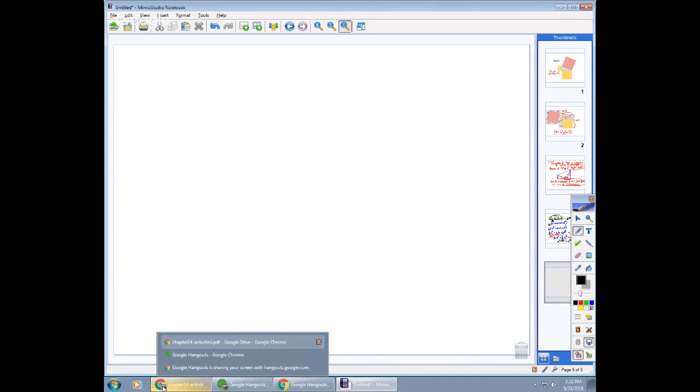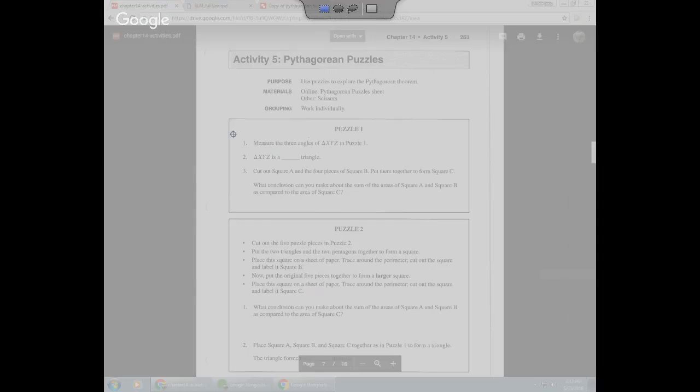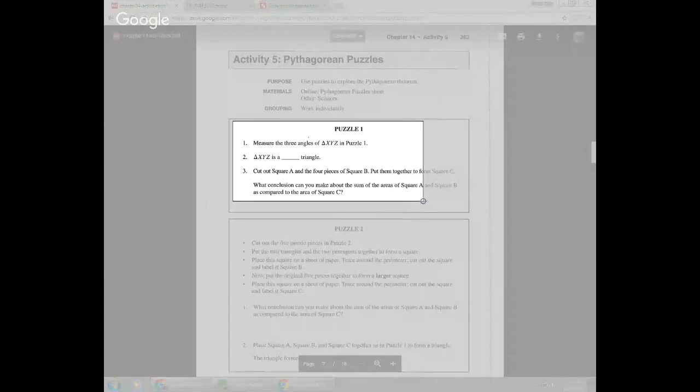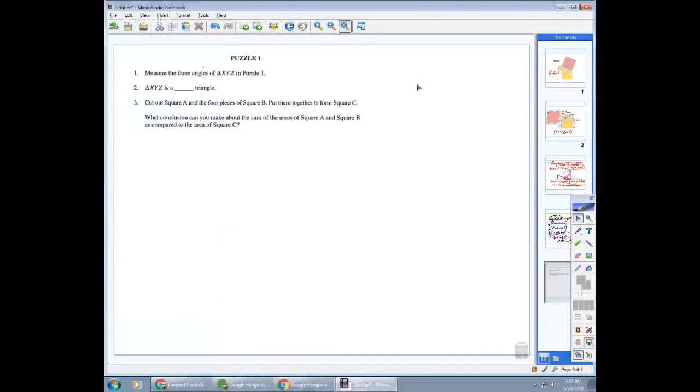That's part of the thing, yeah. That's our right triangle for the Pythagorean theorem here. Oh, it did say measure the 3 angles. I lied, sorry. I read that before and forgot all about it.